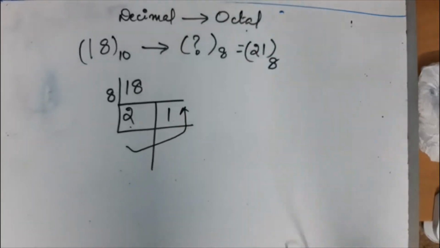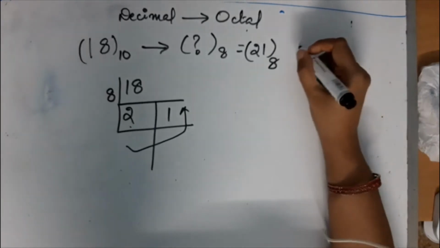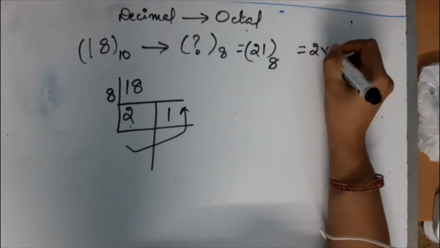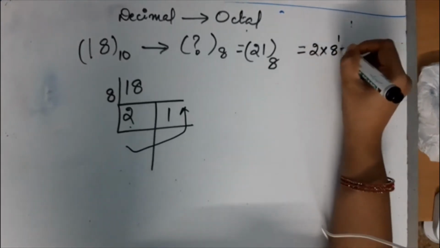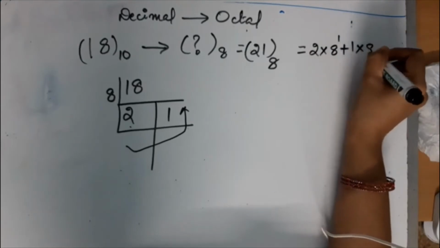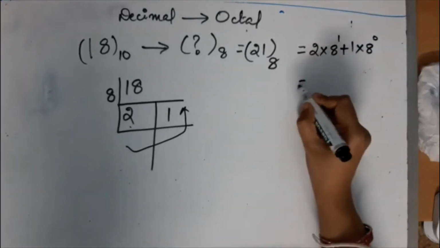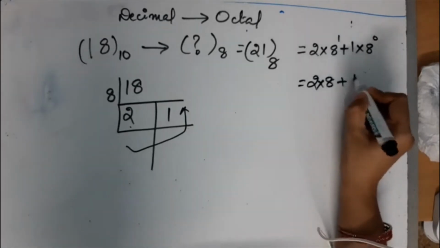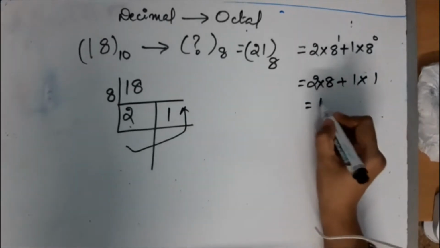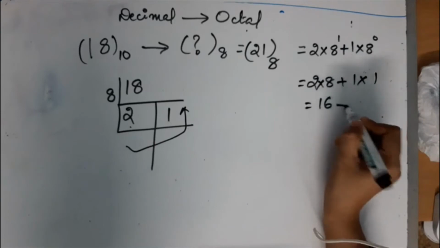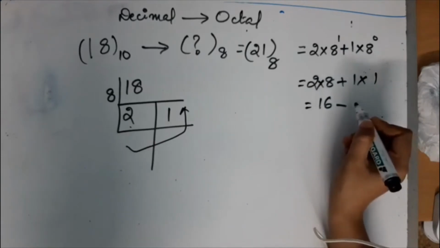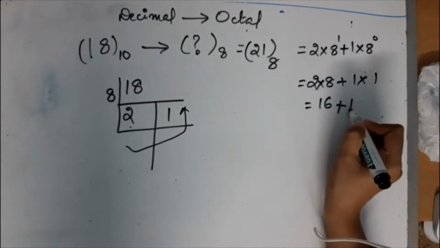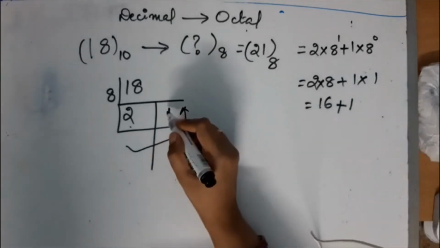Okay, you can check if it's correct or not. So, this will be 2 into 8 raised to 1 plus 1 into 8 raised to 0. So, that will be 2 into 8 plus 1 into 1, that is 16 plus 1. Sorry, here it is 2.